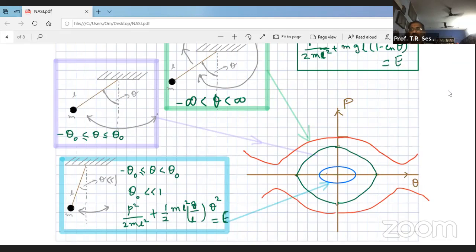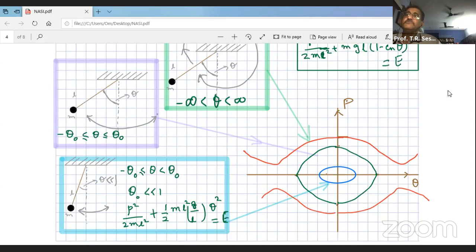Hence, the potential energy is decreasing. Hence, the kinetic energy is increasing. And hence, the modulus of momentum is increasing. And so the red curve starts going up again. And again, once it has made one full round, it will reach a maximum and again a minimum, and it will go on like a wave of water. Okay?